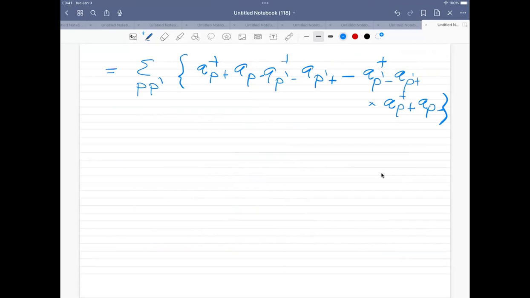And the standard approach is to use the anti-commutation rules for the operators.